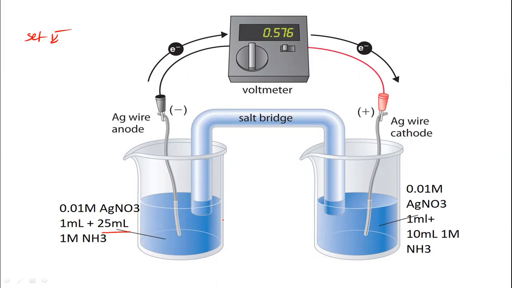Now this is the anodic compartment, and this is the cathodic compartment. In the cathodic compartment, the concentration of the ammonia is different: 10 ml here, 1 molar, and it is 25 ml here. So in this case the concentration of the ammonia will be different while the concentration of the silver nitrate will be the same.